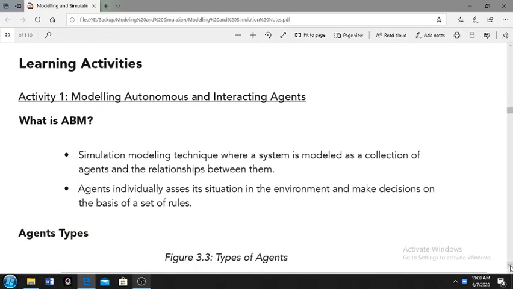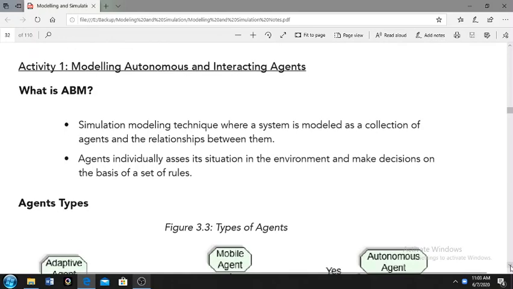So what is ABM now? A simulation modeling technique where a system is modeled as a collection of agents and the relationship between them. Agents individually assess their situation in the environment and make decisions on the basis of a set of rules.